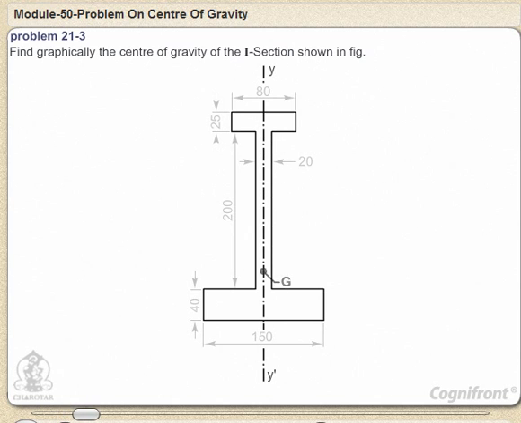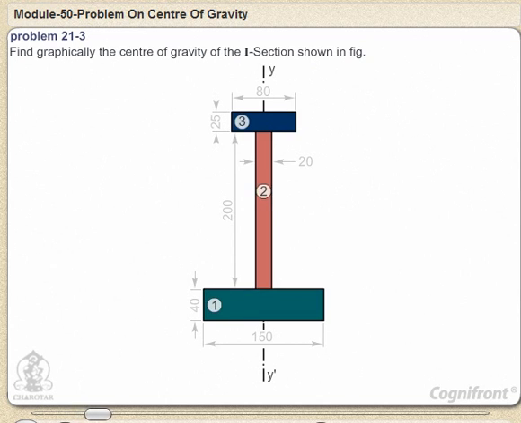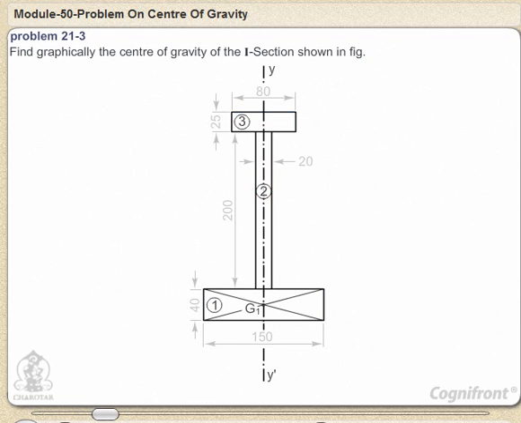Draw the given section to a convenient scale. Divide it into three rectangles 1, 2 and 3 and locate their centers of gravity G1, G2 and G3 respectively at the points of intersection of their respective diagonals. Through these points, draw parallel lines of action of forces representing the area of each rectangle.